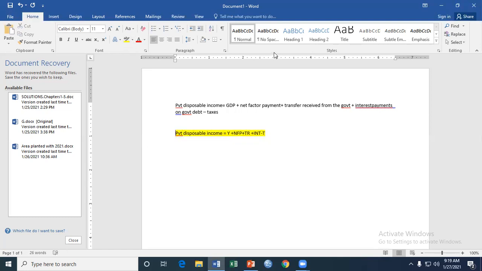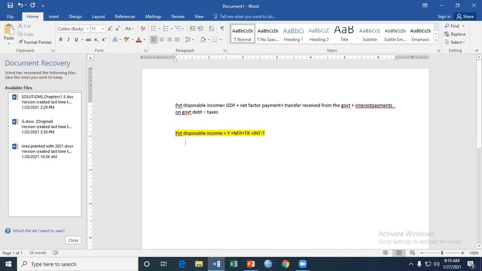Now we will discuss government income. It is very simple. Government income is equal to taxes paid by the private sector minus payments from the government to the private sector, including transfer payments and interest payment on government debt.